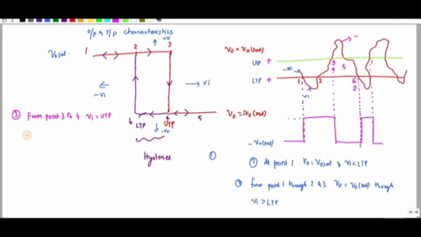So my V0 changes rapidly from V0 saturation to minus V0 saturation, because the negative value is greater than the positive value, so it is going to minus V0 saturation.